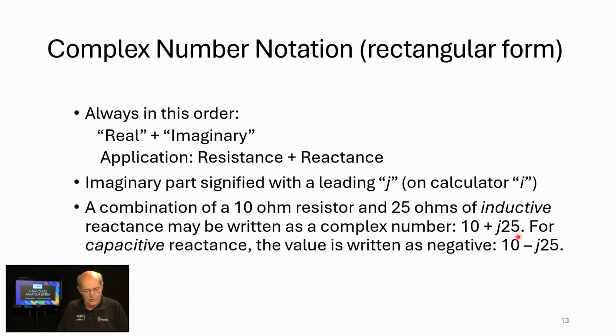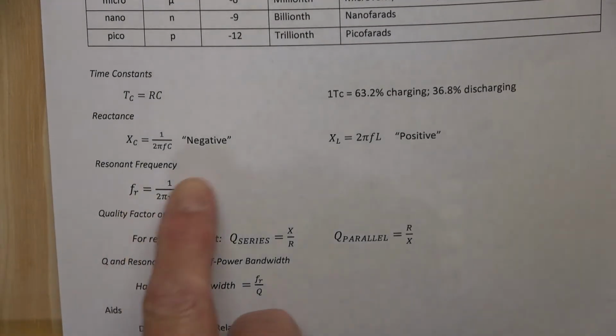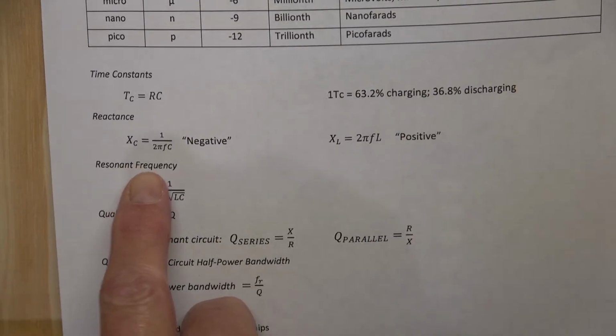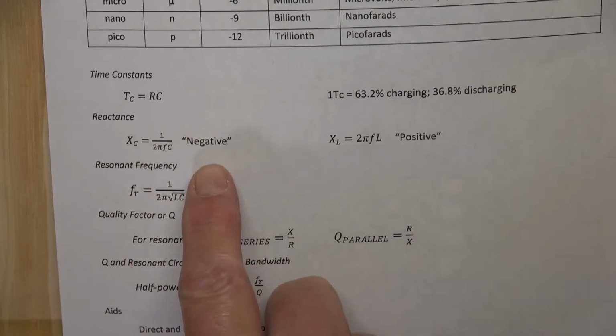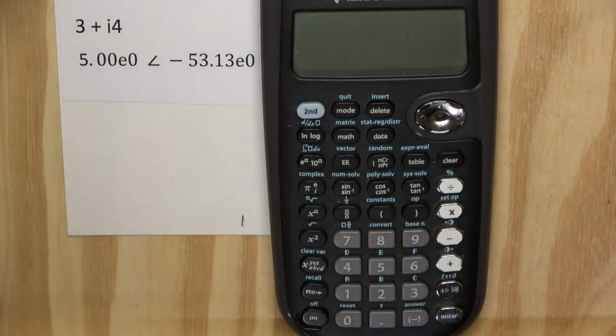If you look on your extra class reference sheet, I'll put it on the calculator cam, you'll note that for reactance, we're showing capacitive reactance associated with the word negative and inductive reactance associated with the word positive. And we're going to expand on that.